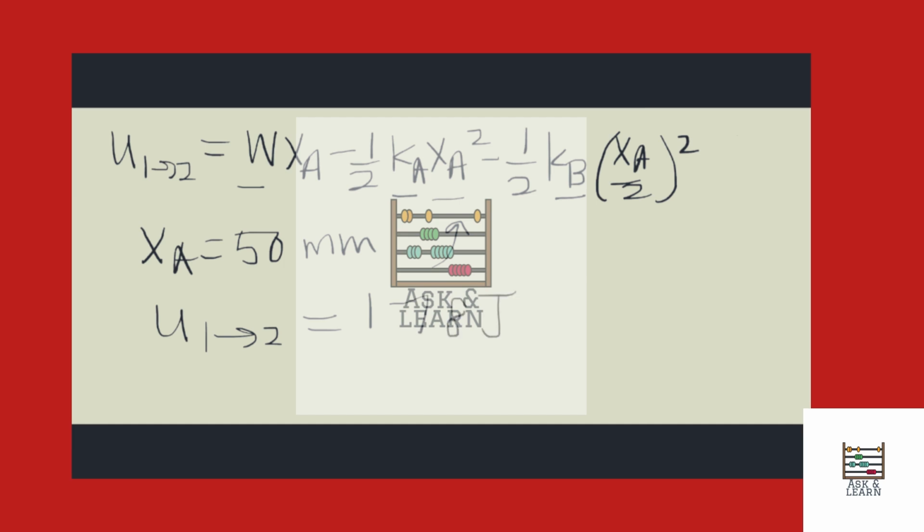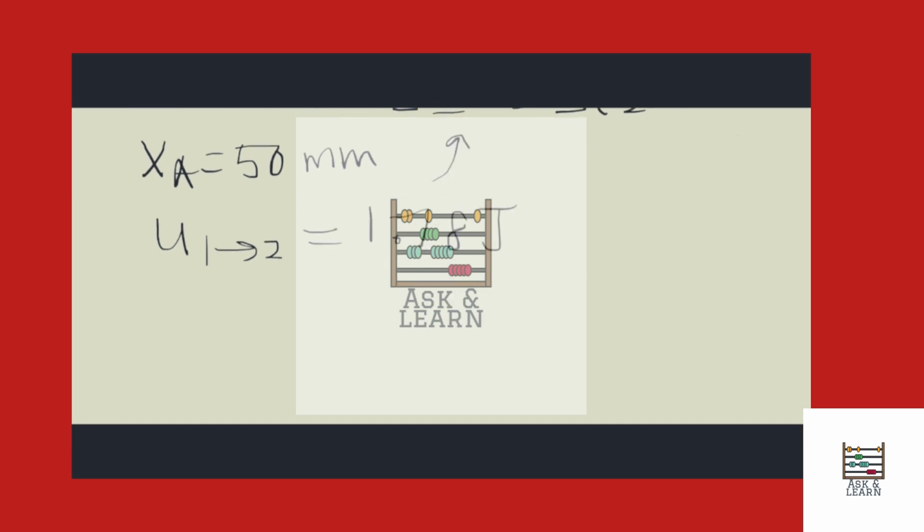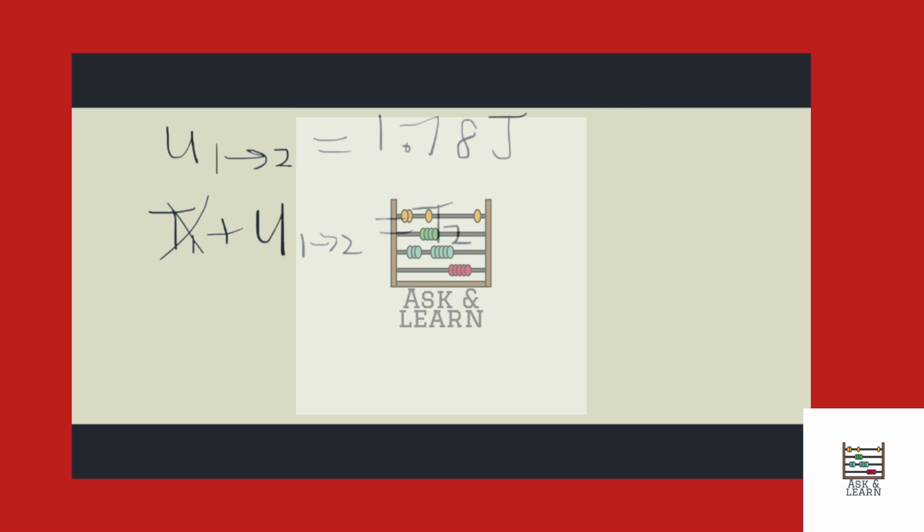we get the work is equal to 1.78 joules. Now using our kinetic energy and work relation, we know that T1 plus U1 to 2 is equal to T2. The system is starting from rest, so T1 is equal to 0. So we just have U1 to 2 equal to T2, which is equal to 1/2 mv squared.